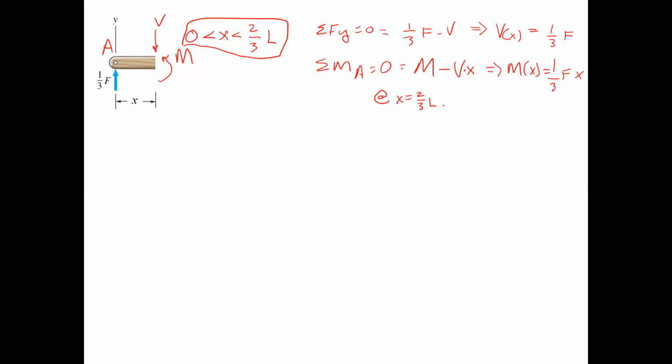Just using the old formula, the bending moment M of 2/3 L equals 2/9 FL. That becomes a checkpoint, because when you look at the next region and come up with a second formula, the bending moment has to be the same at that point from one region to the other, because you can't have a jump in the bending moment.